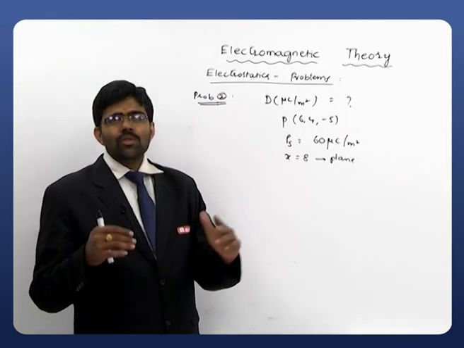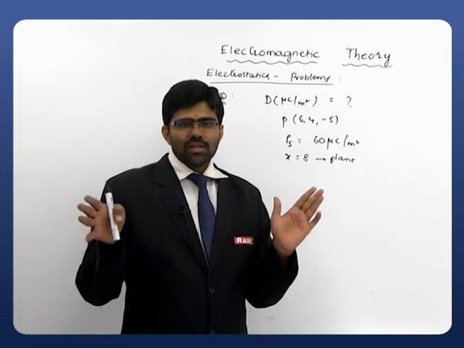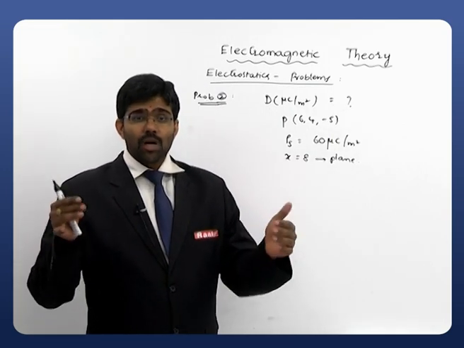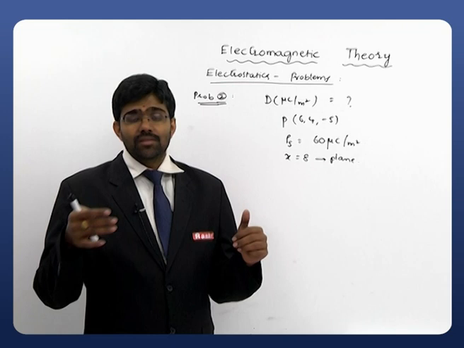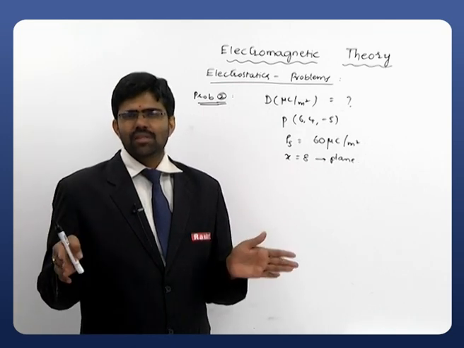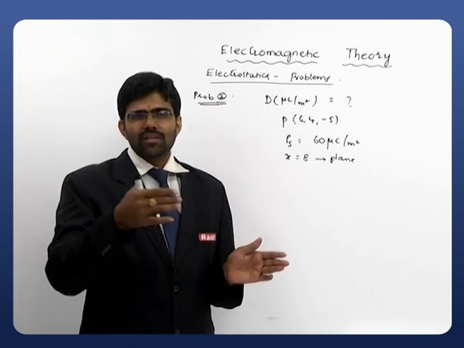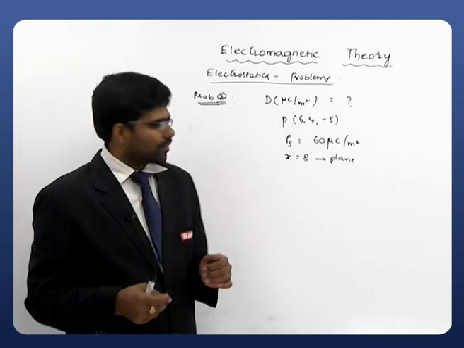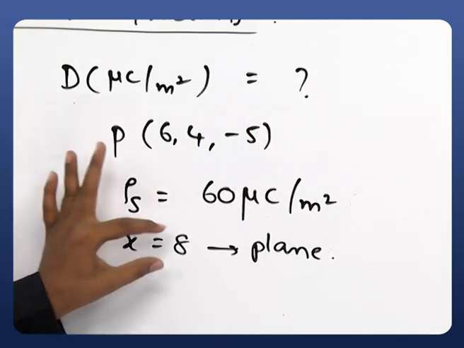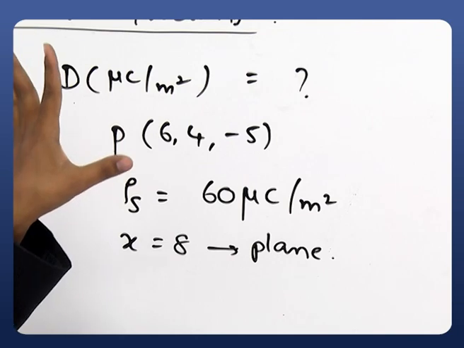Here we have to imagine how the charge is placed and where we have to calculate. This is completely related to three-dimensional problems. Yes, everything is three-dimensional, so we need to relate them with three-dimensional coordinate systems. Since it is given as the x equals 8 plane, take the rectangular coordinate system.